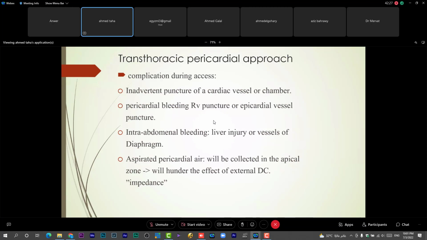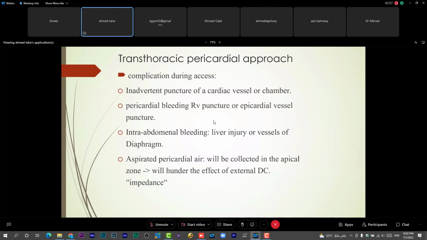The most common one that you are doing in the epicardial zone is through the subxiphoid space, and we are trying to avoid RV puncture, because in this case the visceral pericardium and the parietal pericardium are totally adherent to each other, so we are trying to avoid bleeding, either from RV puncture, vessels, or sometimes liver injury itself or vessels of the diaphragm.